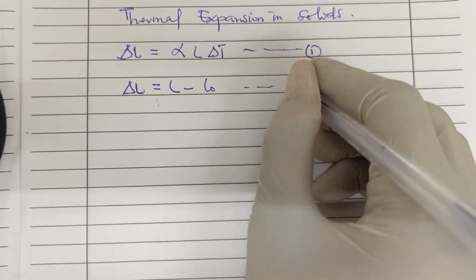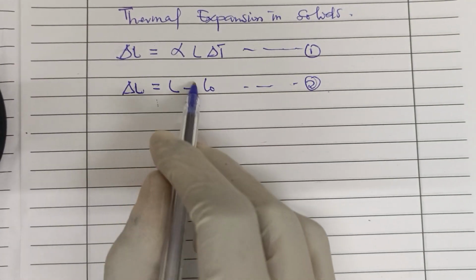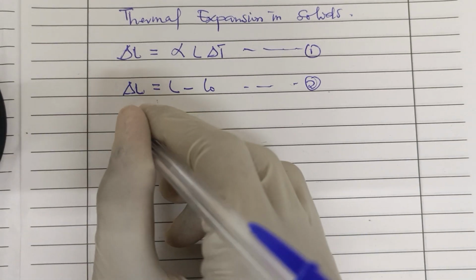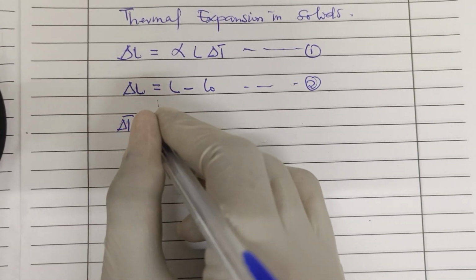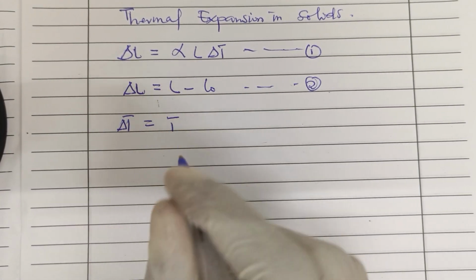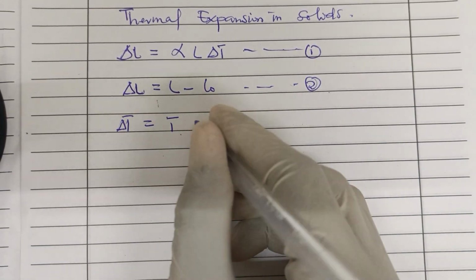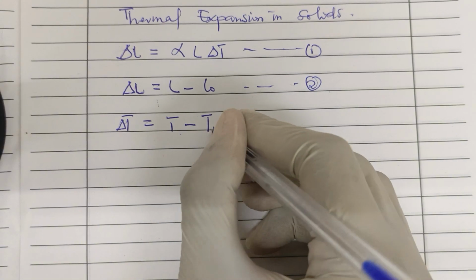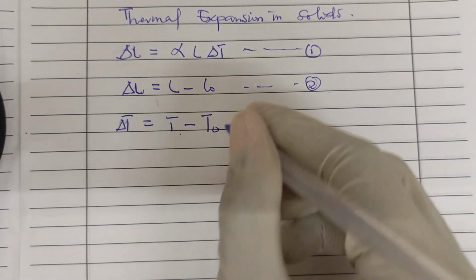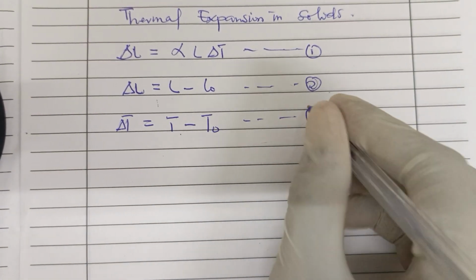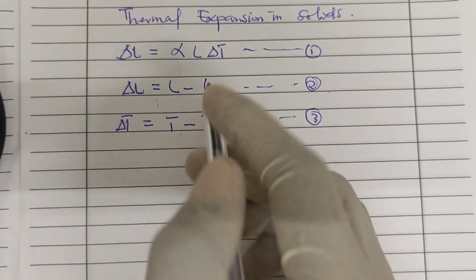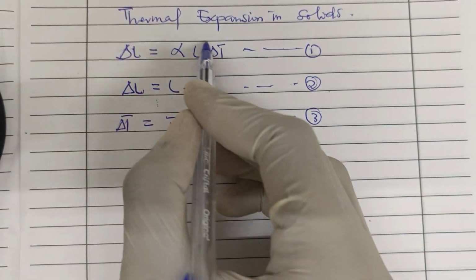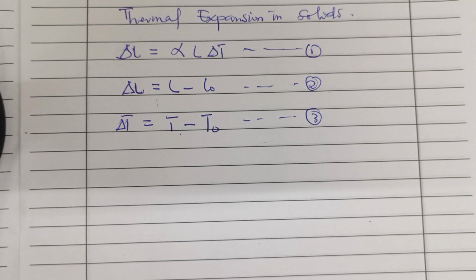We can call this equation 2. But this is proportional to the change in temperature, the final temperature minus the initial temperature. We can call this equation 3. We said this is the equation for thermal expansion in solids.